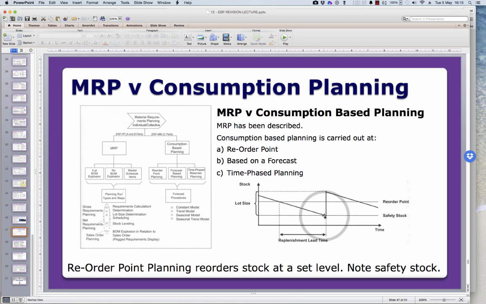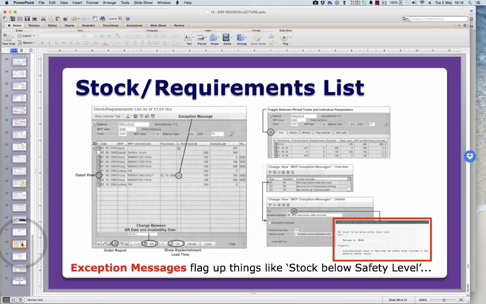So if you are going below safety stock, then the system will trigger an error, and it will put up error messages on the screen of the ERP system, such as something like this. So here we've got an exception message, and this says 15, which is a code, and if we were to look up code 15, that would have a message.